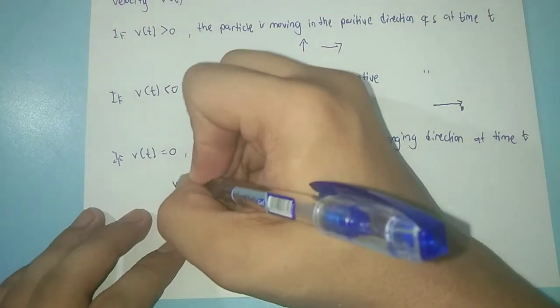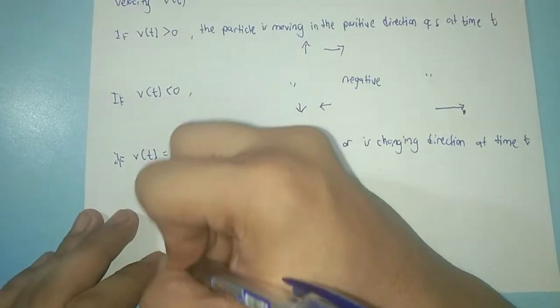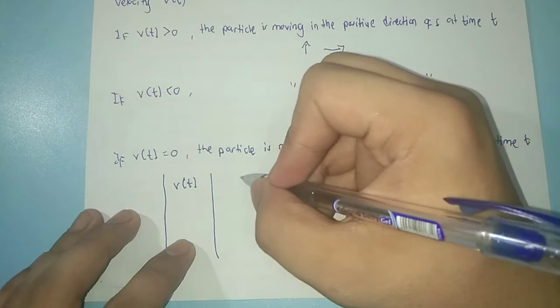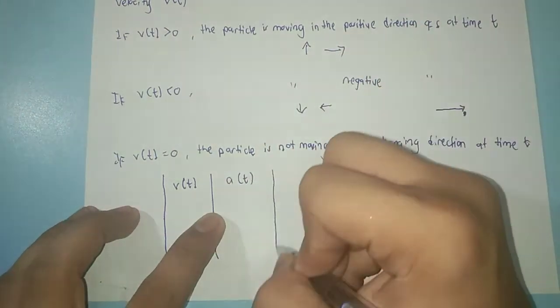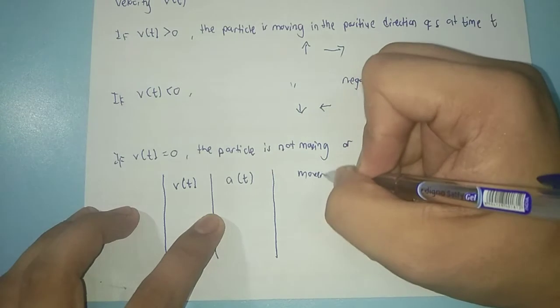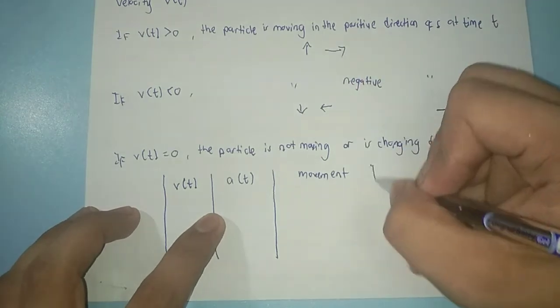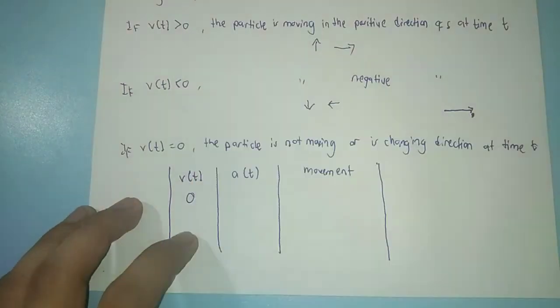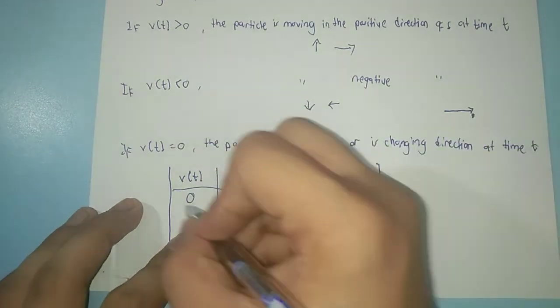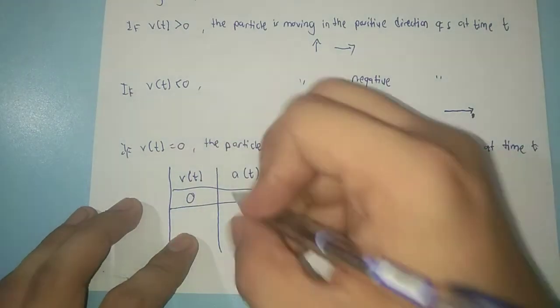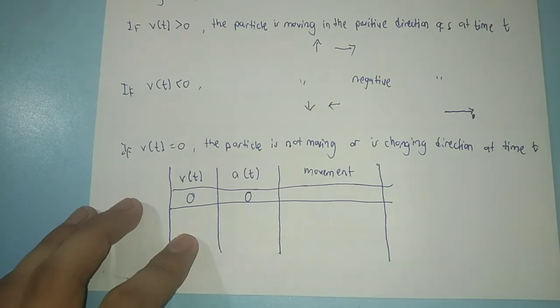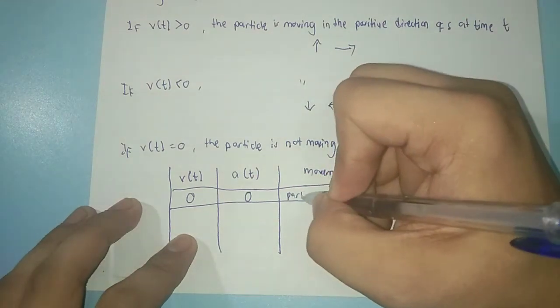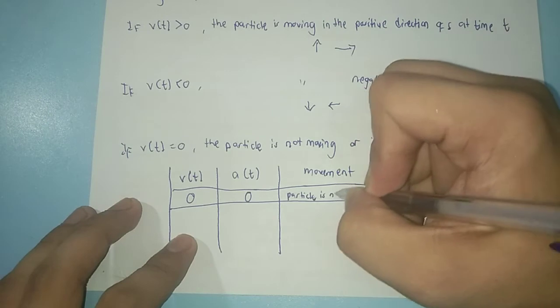Okay, so let's say meron tayong velocity which is 0 tapos acceleration. So kapag 0 velocity, tapos yung acceleration mo ay 0 din, so ito yung hindi nagmo-move yung particle. Particle is not moving.